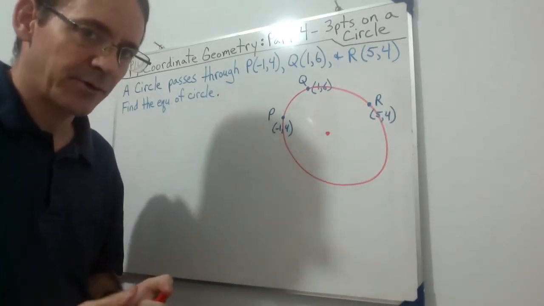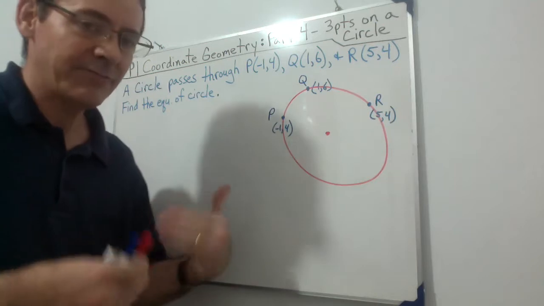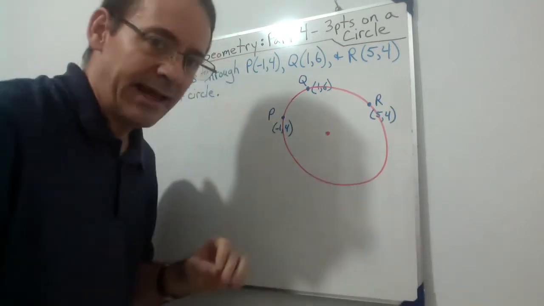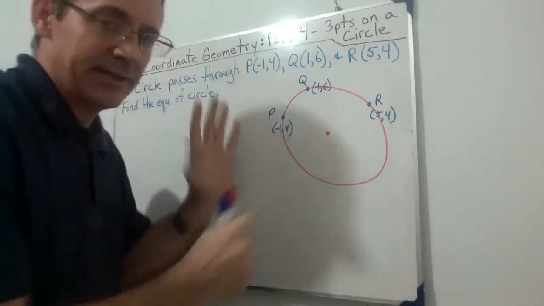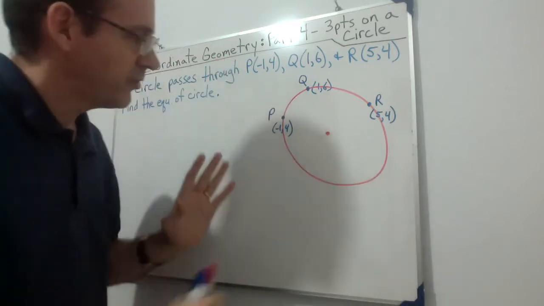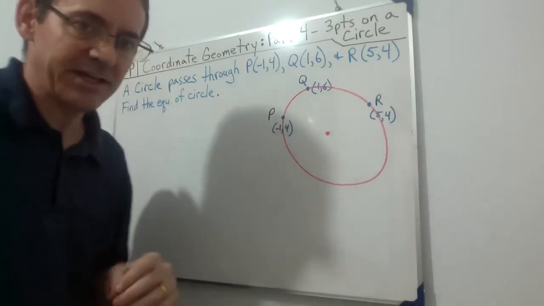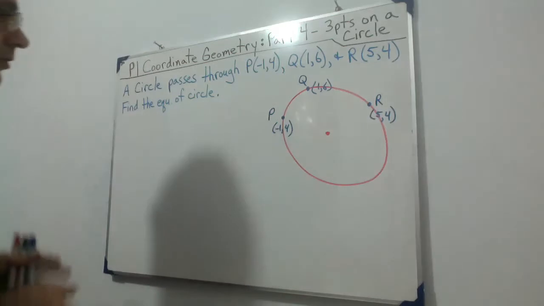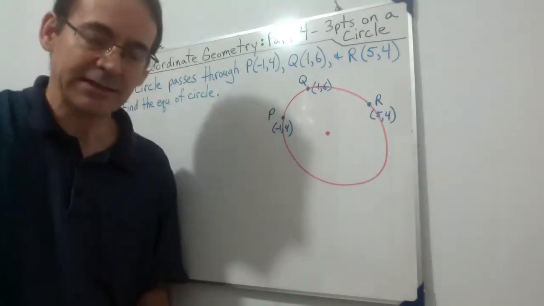Like I said before in other videos, you don't have time on a Cambridge test to draw an XY axis and make it perfect. So the general spatial orientation is what we're looking for, and it helps us to see what we're doing. So there's two ways of doing this.